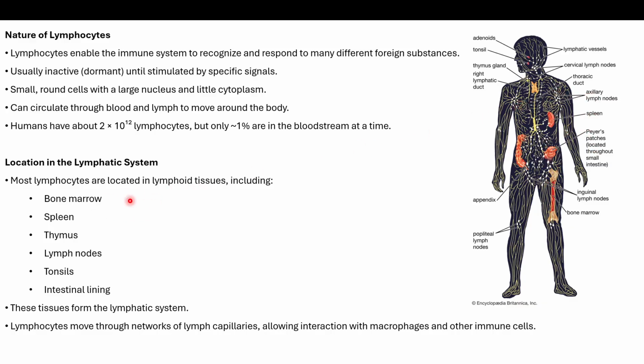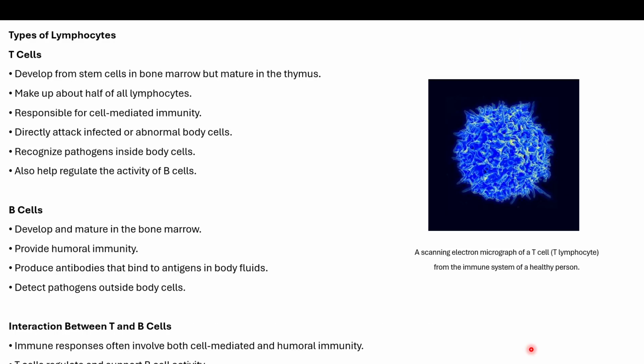The major lymphoid tissues are the bone marrow, spleen, thymus, and lymph nodes. Tonsils are there, and the intestinal lining also harbors a lot of lymphocytes. These keep moving throughout our body via a network of lymph capillaries, allowing interaction with macrophages, the big eaters, and other immune cells.